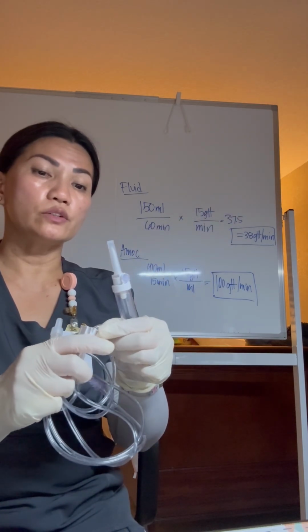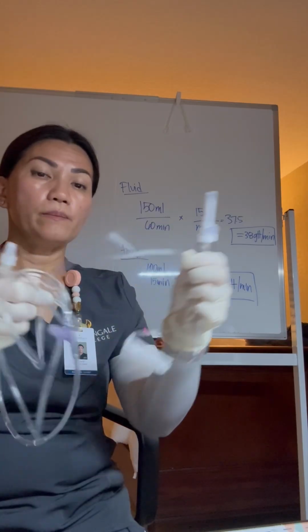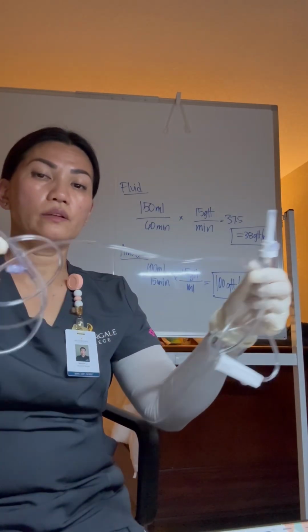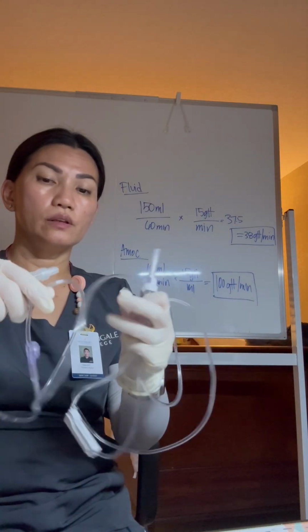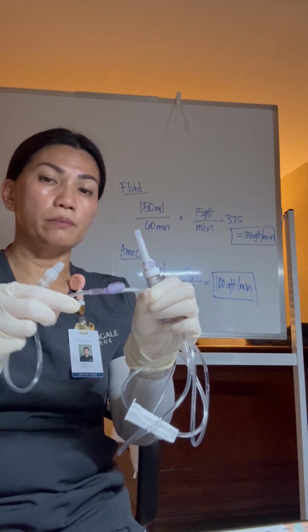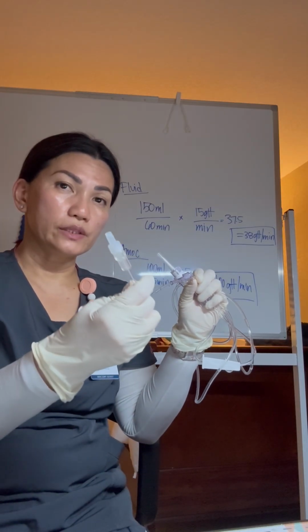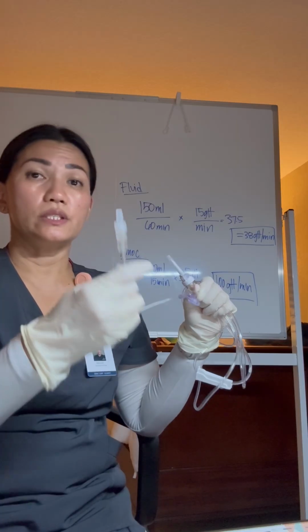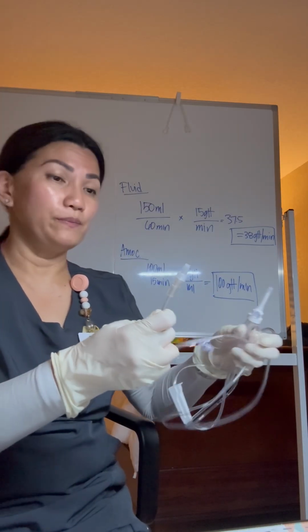We wanna make sure that that is closed. We have our tubing. We have our Y port that we're going to connect our secondary line to and our medication, and then our adapter, the end, which gets connected to the patient's IV.